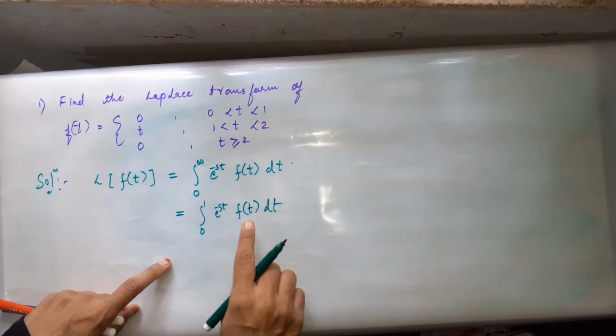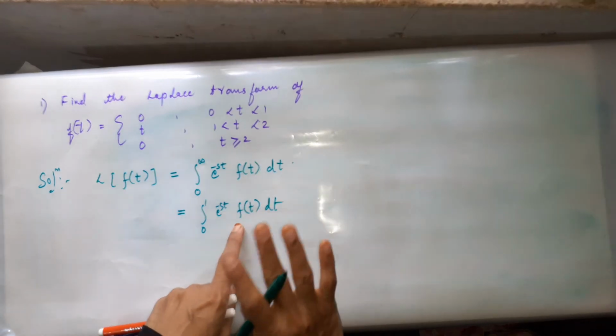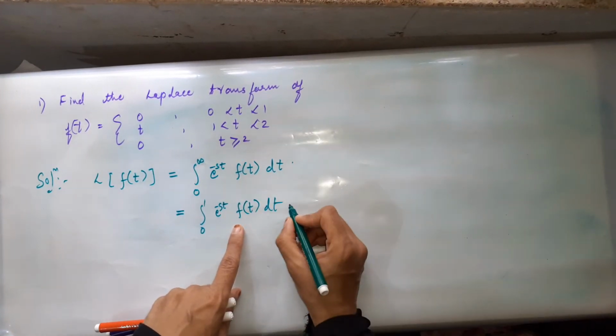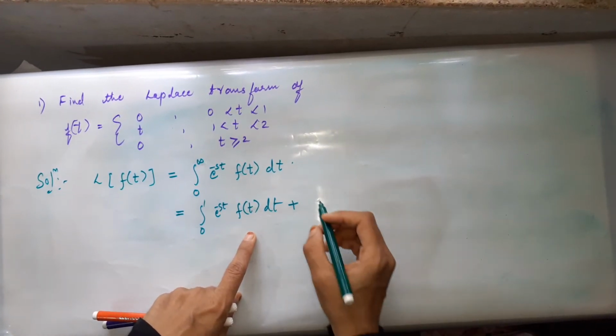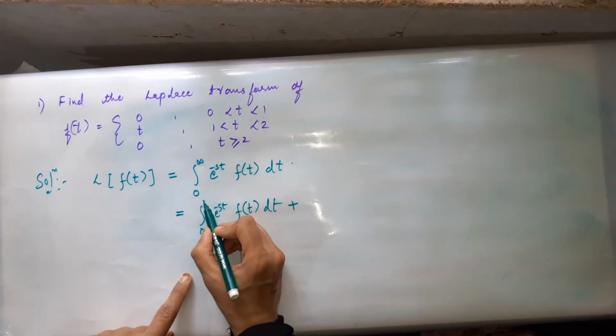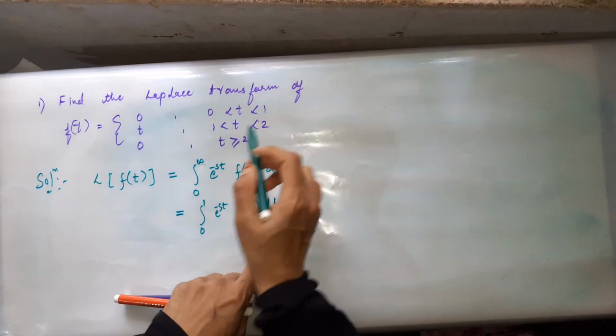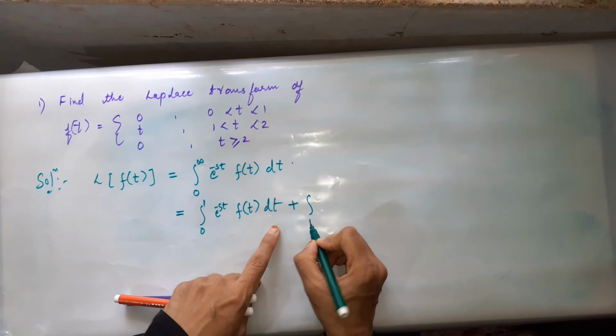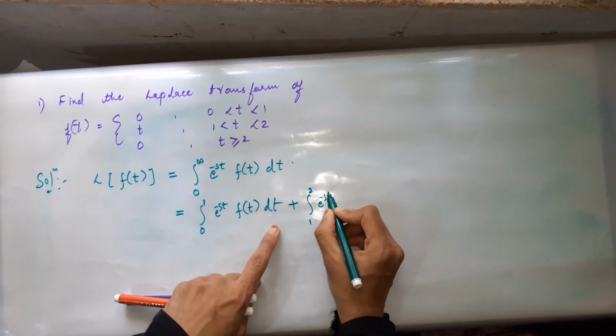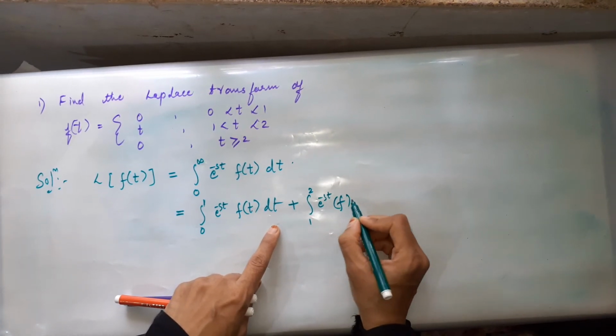I'm not going to write the exact value of f of t over here; I will just rewrite and separate it first. Then plus, the second part: from 1 to 2 it was t, so integration from 1 to 2 of e to the power minus st f of t dt.